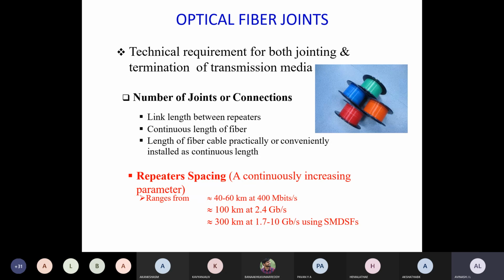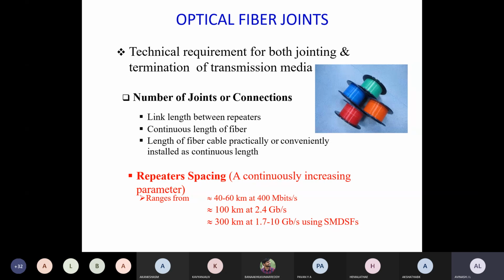When you go for still more sophisticated, we go for 1.7 to 10 GB per second. 10 GB per second is technically like downloading 8 movies per second. That much speed will be there. So if your repeater spacing is 300 kilometers, we need 1.7 to 10 GB per second.